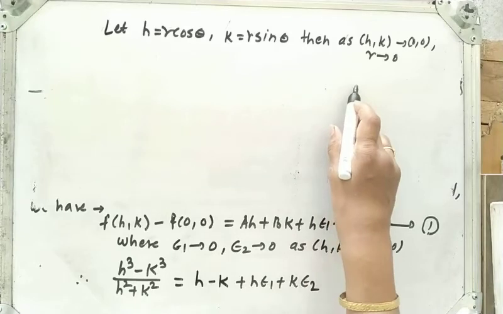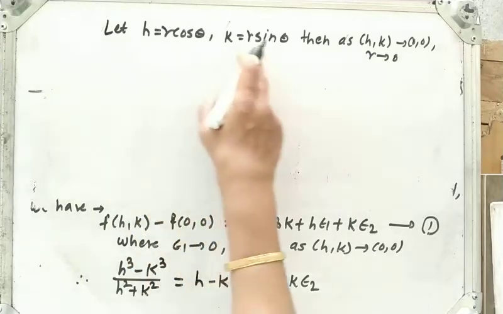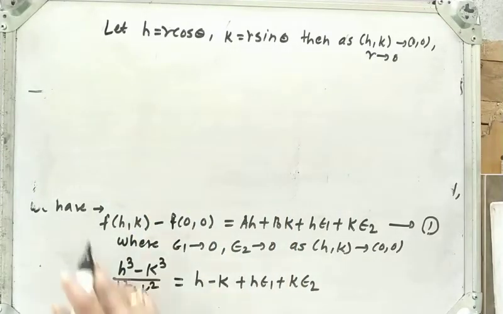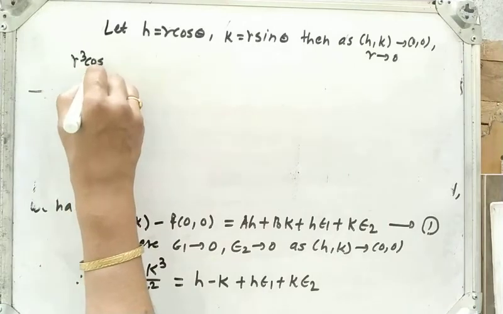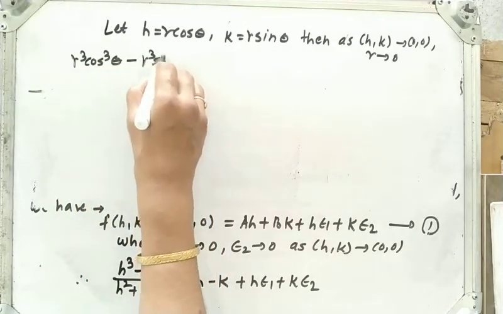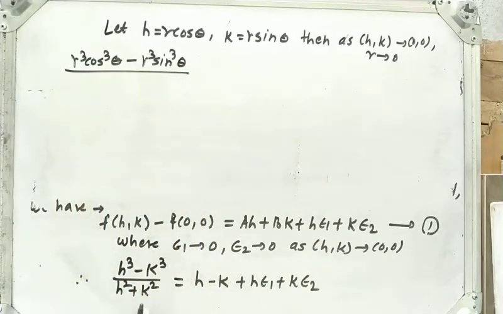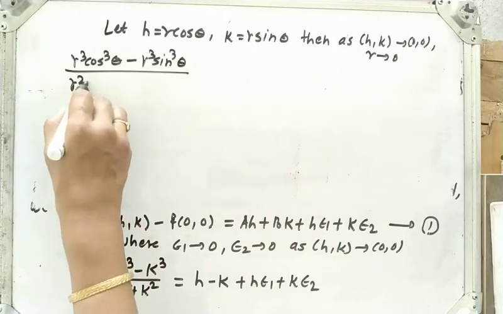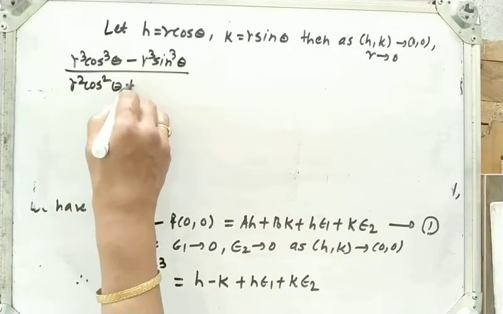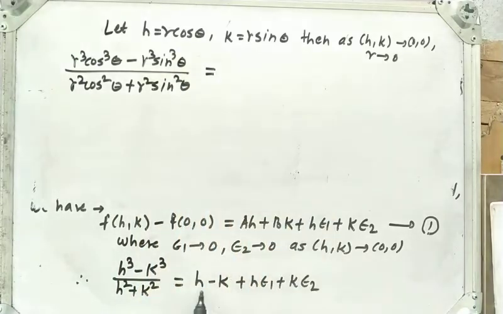Okay. So, what will this equation become now? Replace h by r cos theta, k by r sin theta. So, this equation will be r cube cos cube theta minus r cube sin cube theta upon r square cos square theta plus r square sin square theta is equal to h minus, so what is our h?